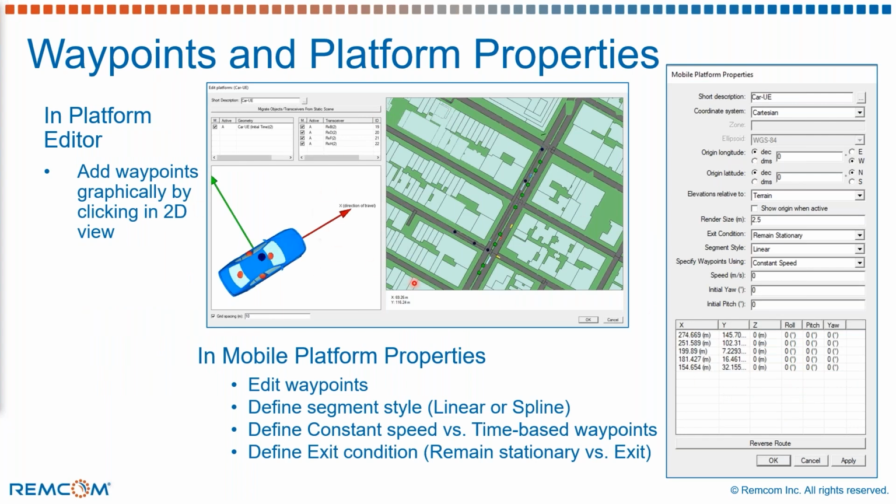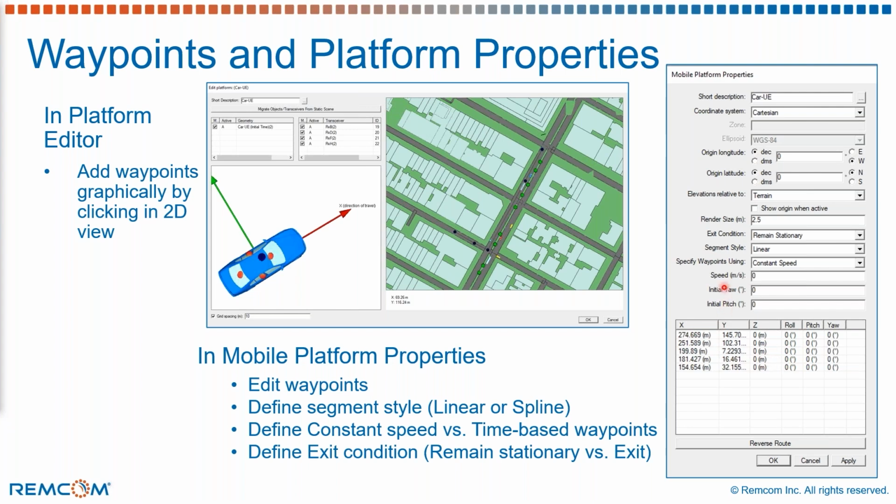So the platform editor allows you to see the configuration of geometry and transceivers. You view the waypoints in the geometry view, but you also have a panel where you can define each waypoint numerically. And waypoints include the XYZ coordinates and the roll, pitch, and yaw.